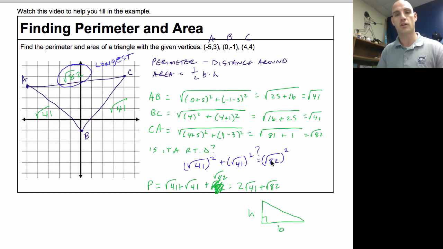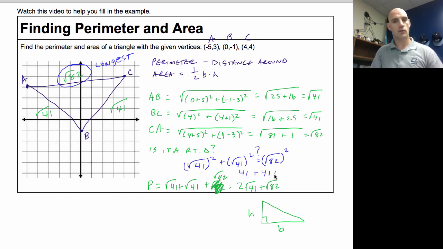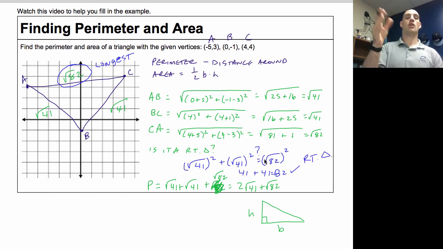I'm putting a question mark over the equal sign because I'm asking, is the length of my shortest side squared plus the length of my other shortest side squared equal to my longest side squared? Well, what I end up with is square root of 41 squared is 41, plus square root of 41 squared is 41, is equal to 82, and that checks out. So this is a right triangle, which means that my base and my height are my legs.